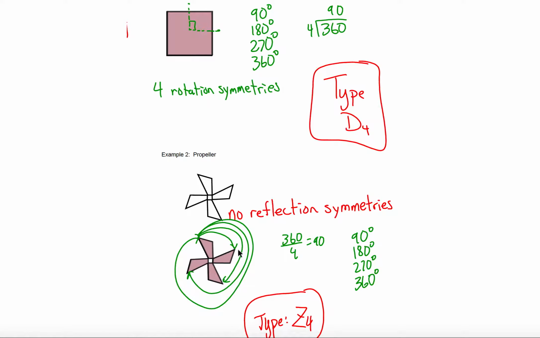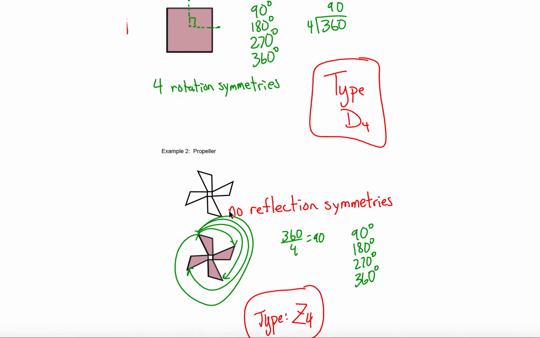And I can do that 1, 2, 3, 4 times. Again, that means I've got 90 degrees, 180, 270, and 360, because 360 divided by 4 is 90. Since it only has rotation and not reflection, it's a Z. So since it has 4 of them, this is a Z4.